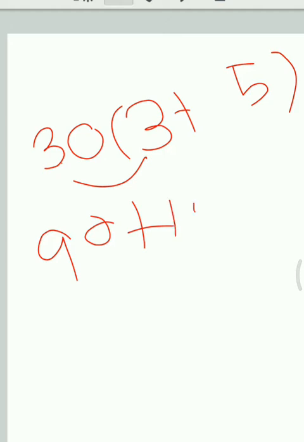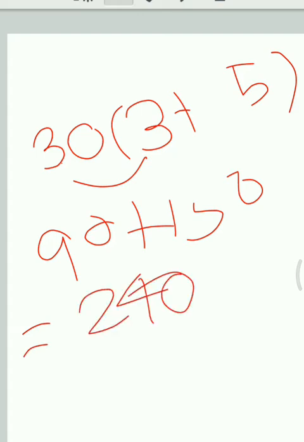Okay, so now you tell me, 150 plus 90 is what, students? 240. Got it? We have got 240 rupees she will earn. What is the question? How much did she earn on these 2 days? She can earn 240 rupees in these 2 days. If we do it in this process, we get 240 rupees.